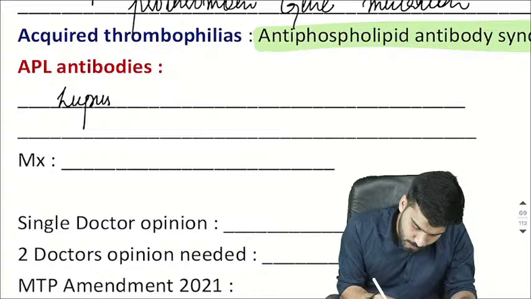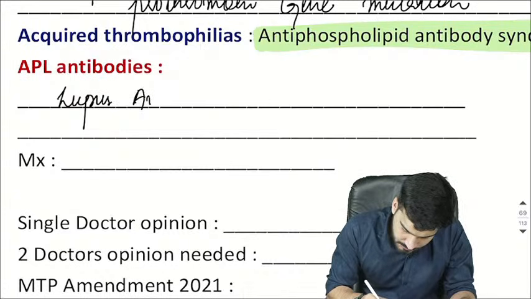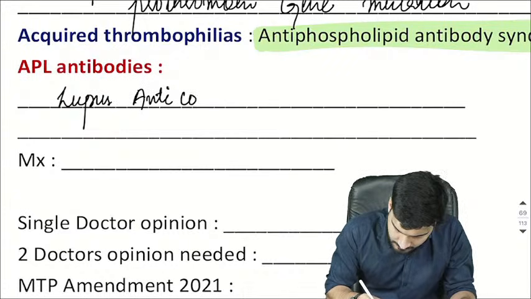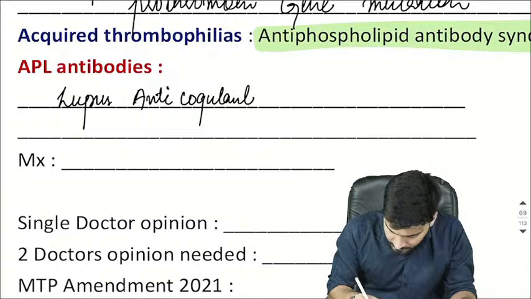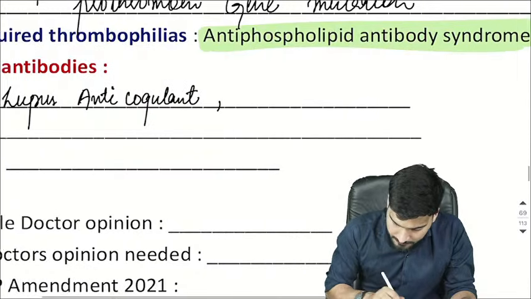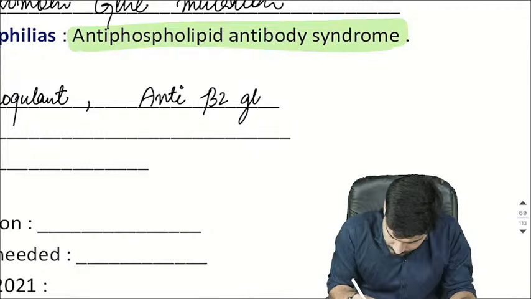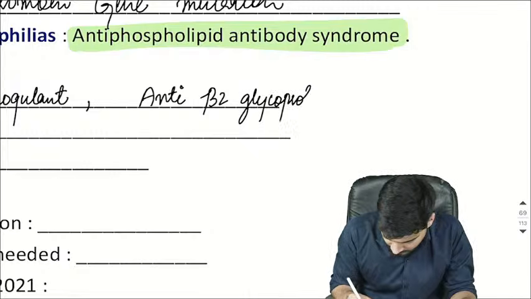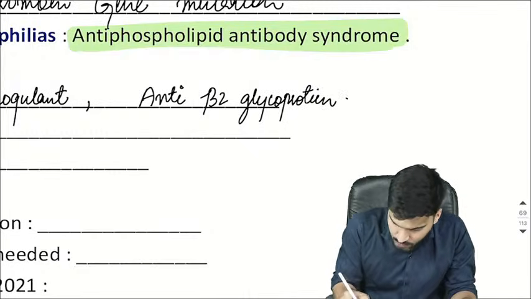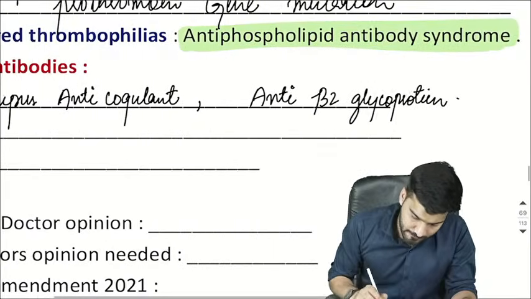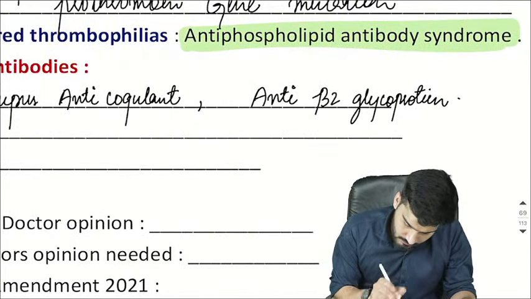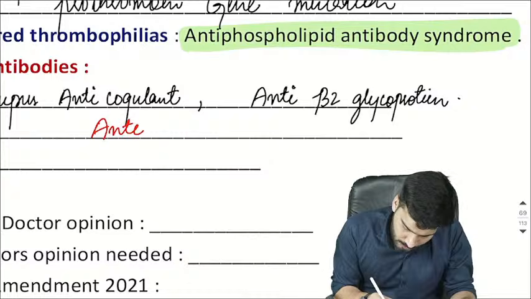We have lupus anticoagulant, number second we have anti-beta 2 glycoprotein, and we have the anti-cardiolipin antibody.